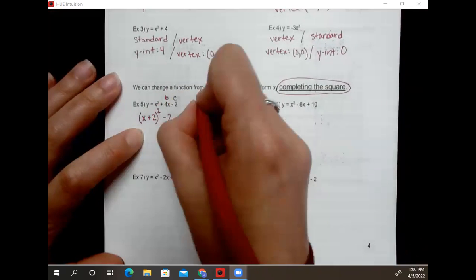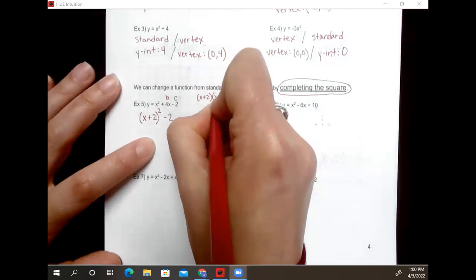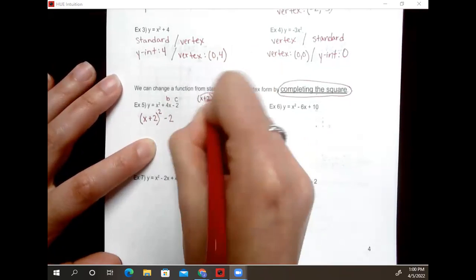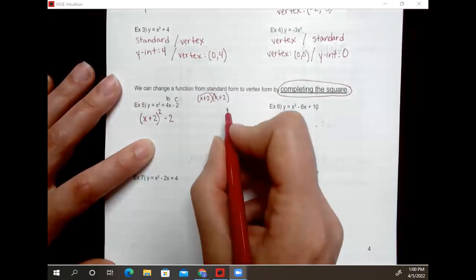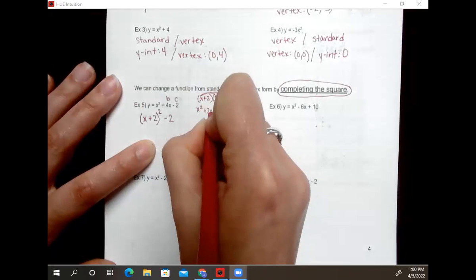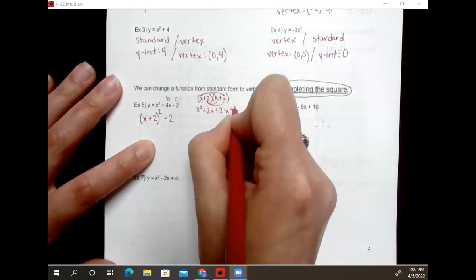So X plus 2, or I should say X plus 2 squared, would be X plus 2 times X plus 2. And so if I distribute this, right, this is what I have right here. That's what I've written right there. If I distribute this, I get X squared plus 2X plus 2X plus 4.